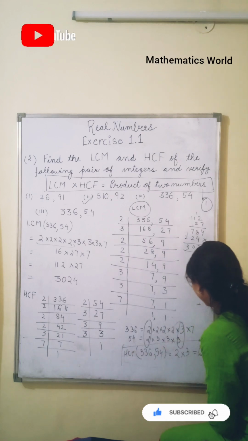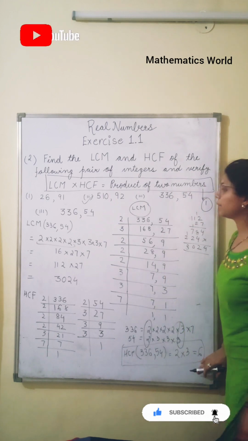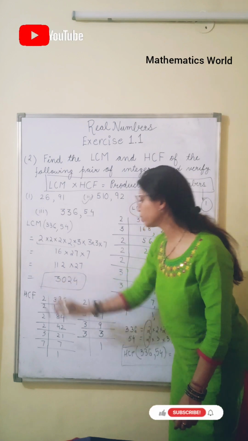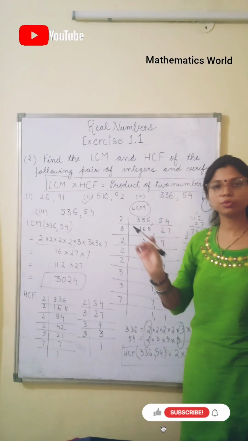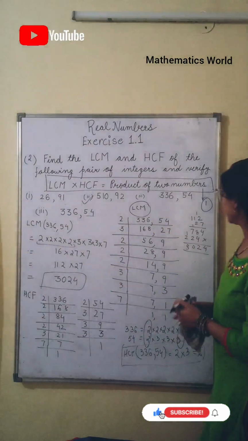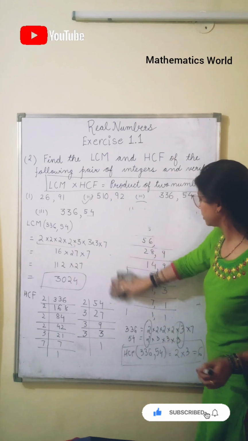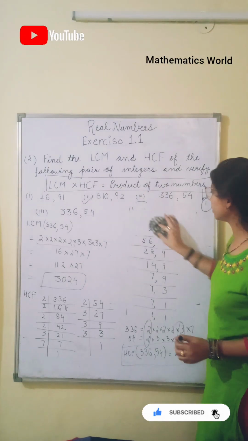So the HCF of both the numbers is coming out to be 6 and the LCM is coming out to be 3024. So I am just rubbing this part, since we have to verify this property also.